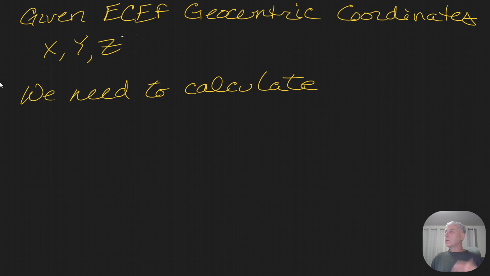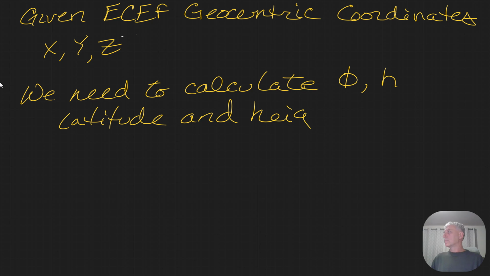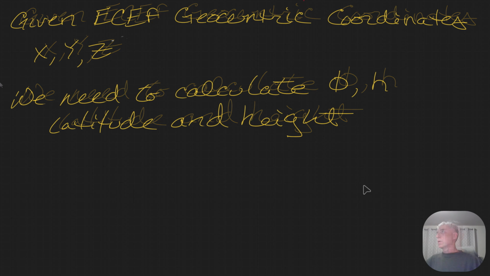We've already done longitude, so we need to calculate phi and h, or latitude and height. And we're going to do this with an iterative process. So I'm going to lay out the theory first, and then when I go into the example, we'll talk about choosing our values for our assumptions in an iterative process.